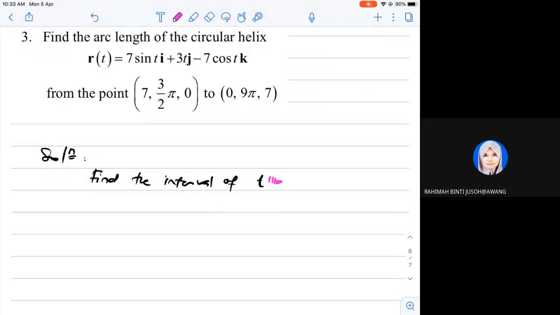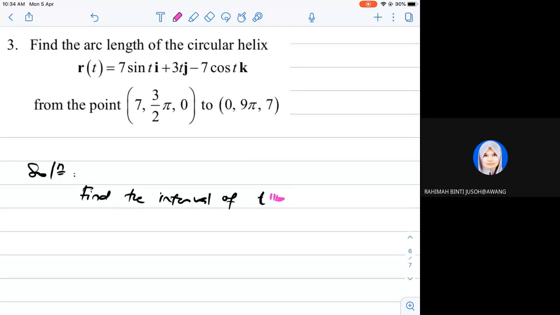Okay, guys, listen here carefully. Okay, dengar betul-betul ni. Alright, you can choose either x, y or z coordinate to find the values of t. Okay, but it is much easier if we consider polynomial function. Kalau kita consider polynomial function, it is much easier for us to get the values of t.